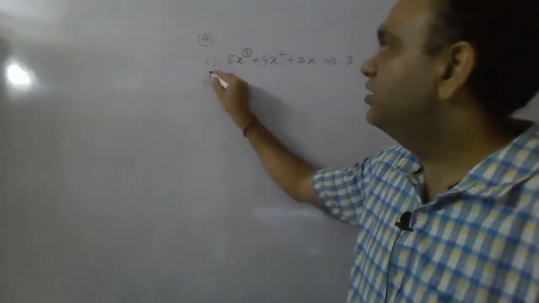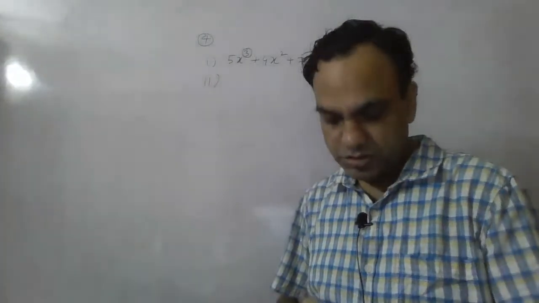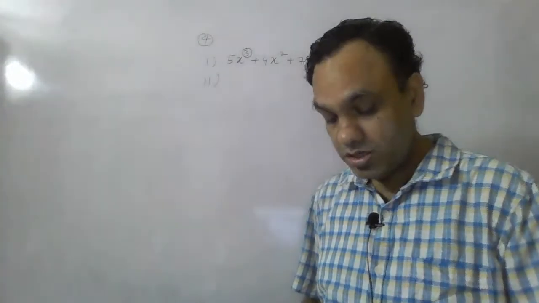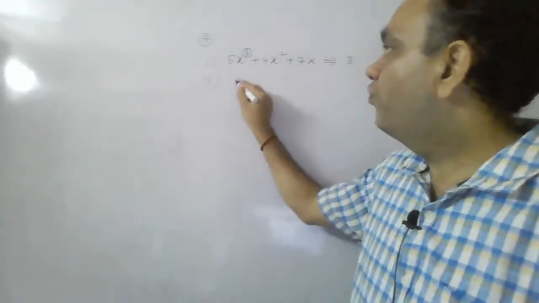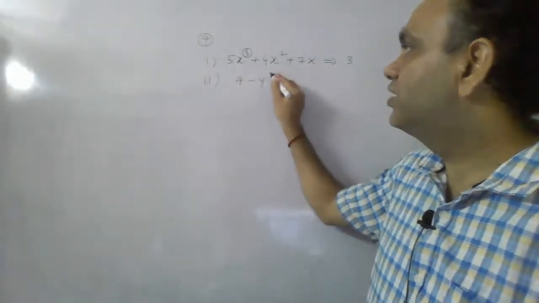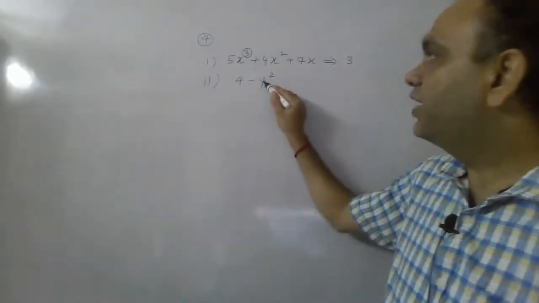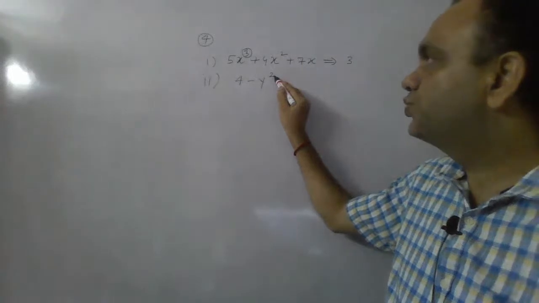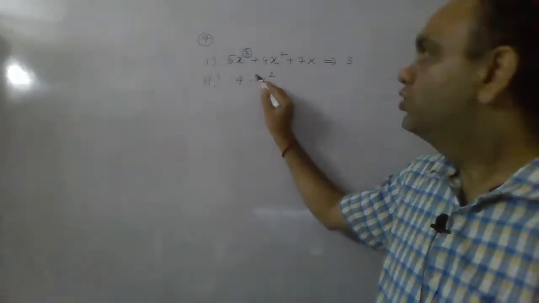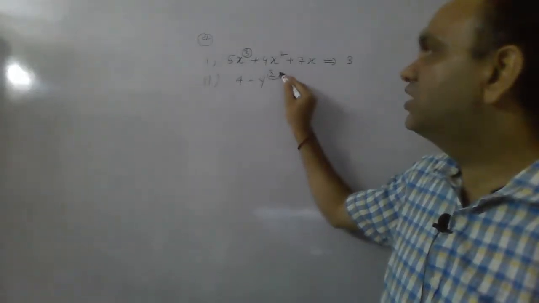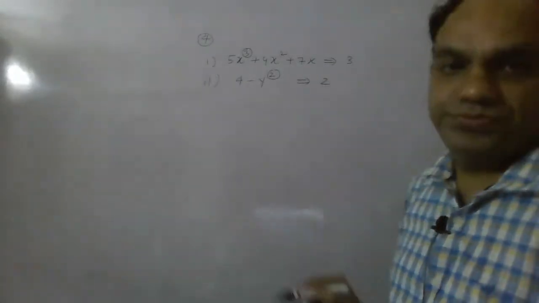Look at the second one. Second one is 4 minus y square. So here the power of y is 2. Here there is no y, so the y power is 0. So which one is larger? 2 is larger. So we'll say the degree is 2.